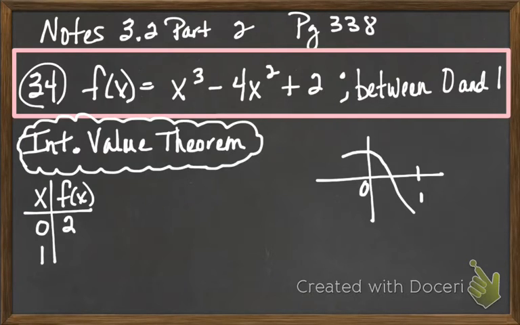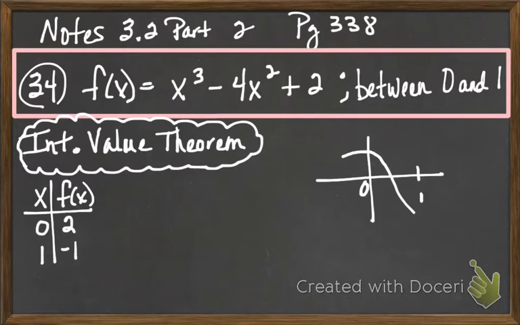One cubed is 1, minus 4 times 1 squared would be minus 4. 1 minus 4 would be -3, and -3 plus 2 would be -1.